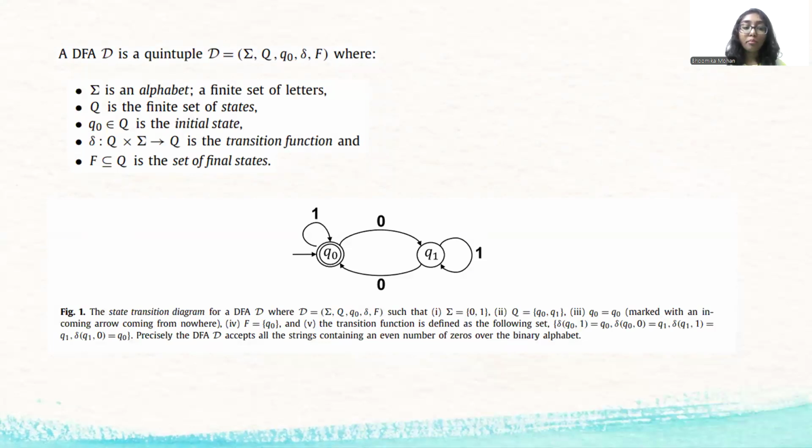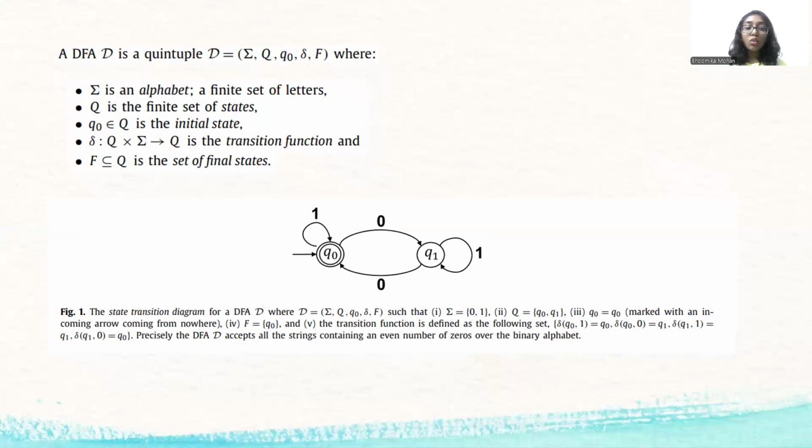Here is an example which shows the state transition diagram for a DFA D, where D equals (sigma, Q, Q naught, delta, F), such that sigma equals {0, 1}, which are the input symbols. Q equals {Q naught, Q1}, which is the finite set of states. Q naught is marked with an incoming arrow coming from nowhere, and is the starting state.